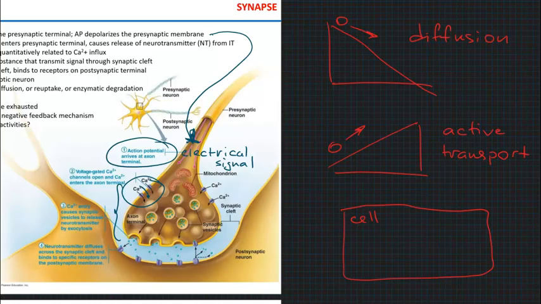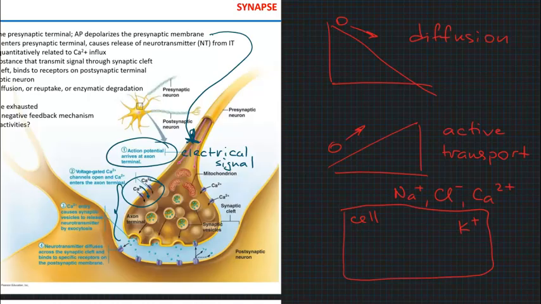I mean the levels, like which ion has greater concentration on what side of the cell membrane. On the outside, you need to know that sodium, chloride, and calcium have concentrations that are greater outside of the cell. Potassium has a concentration that is greater on the inside.